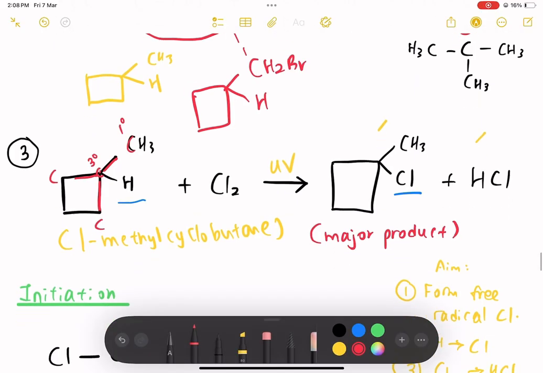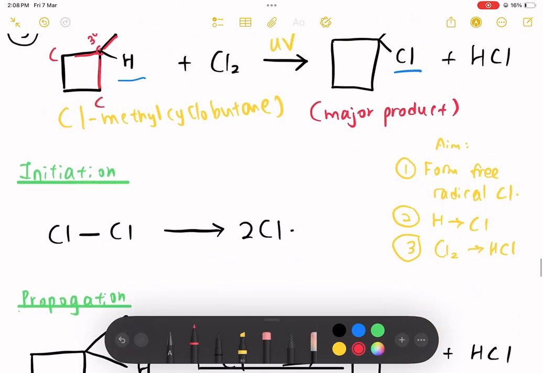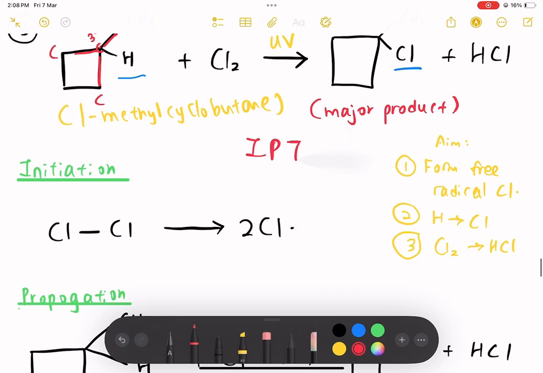So always remember IPT, initiation, propagation, and termination. And our aim, form free radical, H replaced by Cl, Cl2 become HCl. So in initiation, the bond must be broken in order to form free radical, in the presence of UV, always remember.